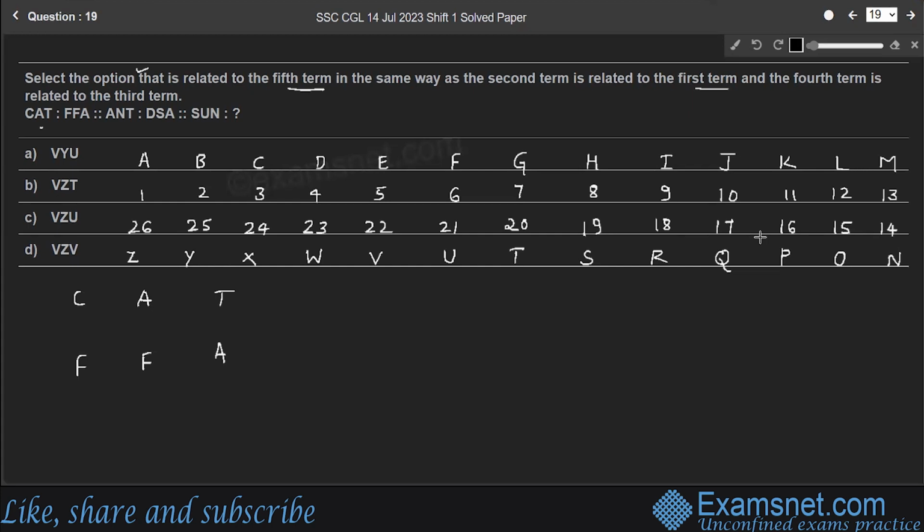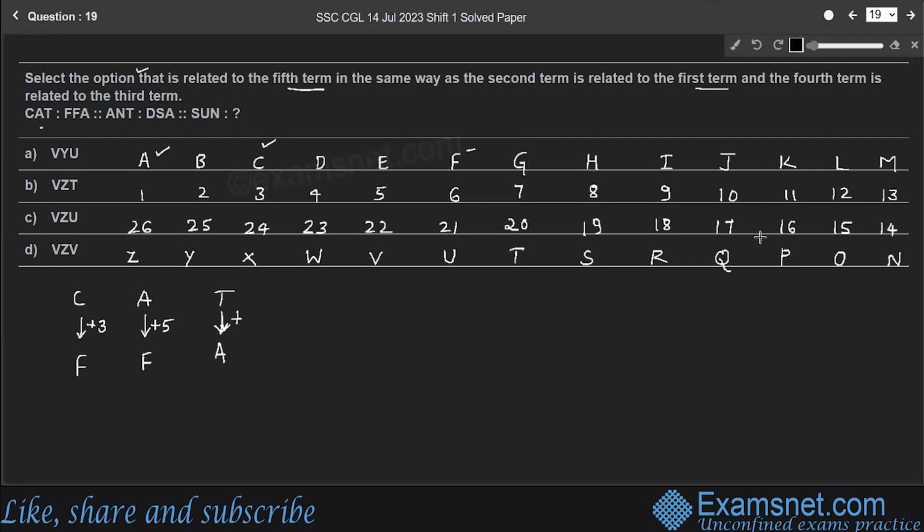So for our reference, I have written the positional values of the alphabets. Here C is 3, F is 6. So we can write C plus 3 gives F. Whereas A is 1, F is 6, so I can write A plus 5 as F. Whereas T is 20, A is 1, so in the sense 27, 26 plus 1 gives 27.